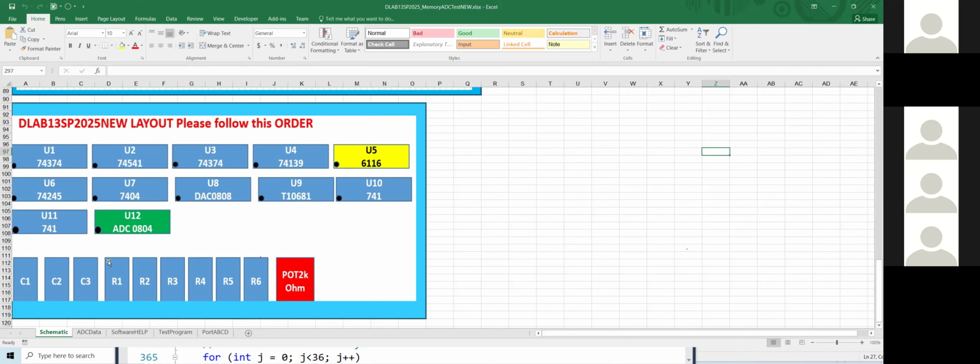No. You can build the last one, C1, C2, C3 on the right. Okay. U12 will be before the connection for capacitor and resistor. Then before that, you can get U1.